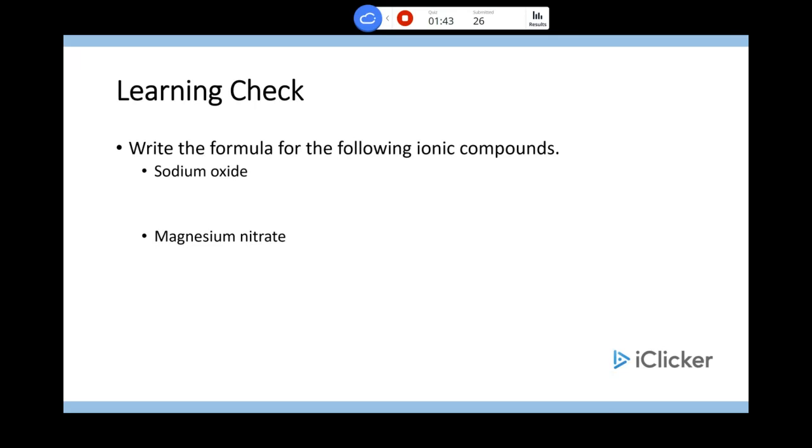One more minute and I'll close the iClicker. Did you log out of that?